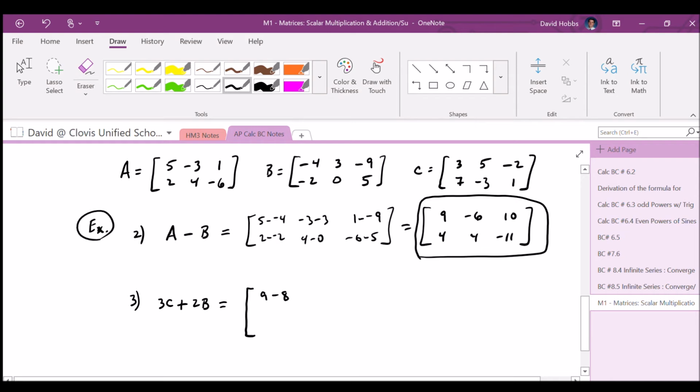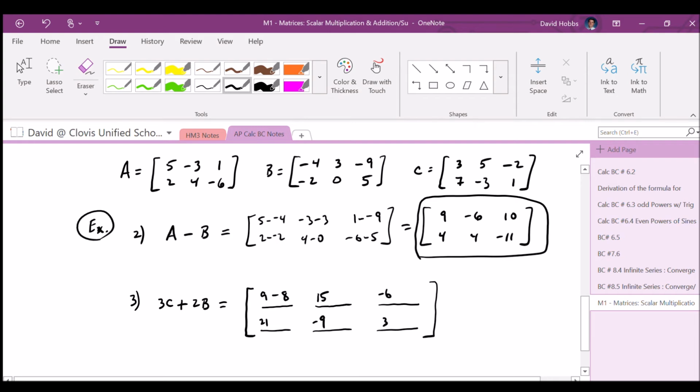Sometimes it's helpful to set up answer blanks almost. Then you can go through and do all the 3 times C: 3 times 5, 3 times negative 2, 3 times 7, 3 times negative 3, 3 times 1.